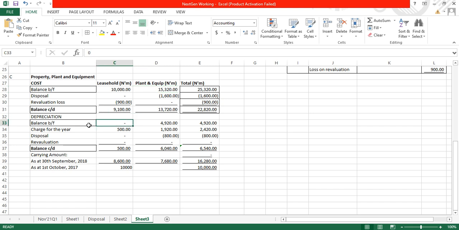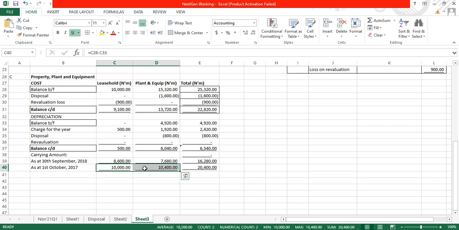Calculation is no more showing on your screen. Okay, it's not showing.